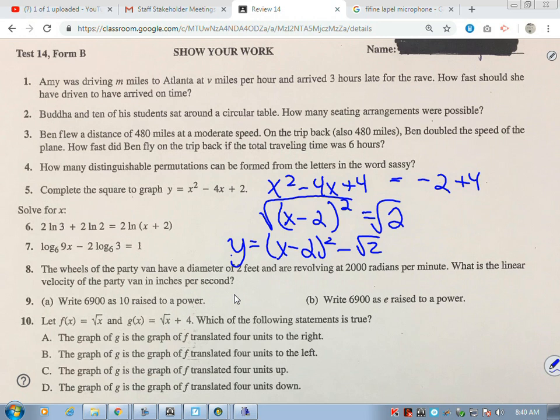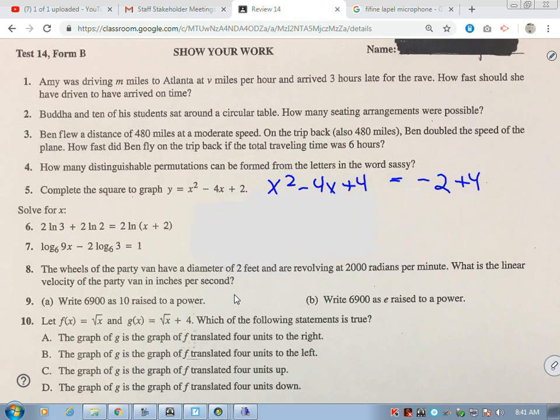Actually, let me take that back for a second, because we square rooted this based upon that. We got y equals x minus 2 squared. That was negative 2. So let's see, we would end up adding 2 there. So that's our vertex form of it.